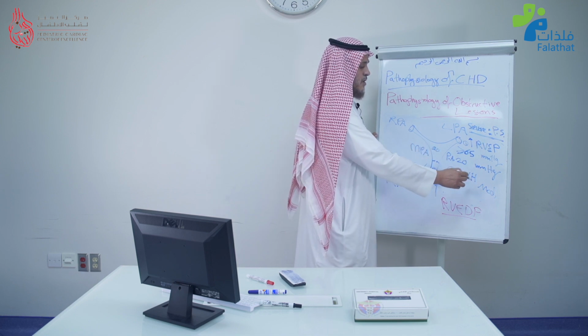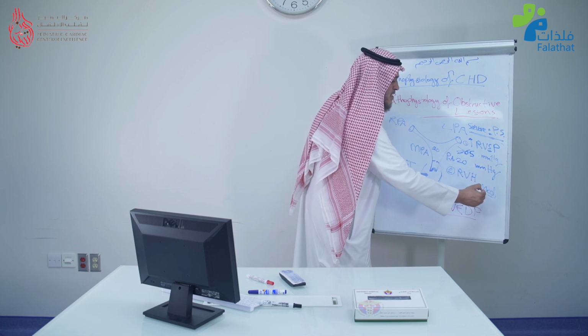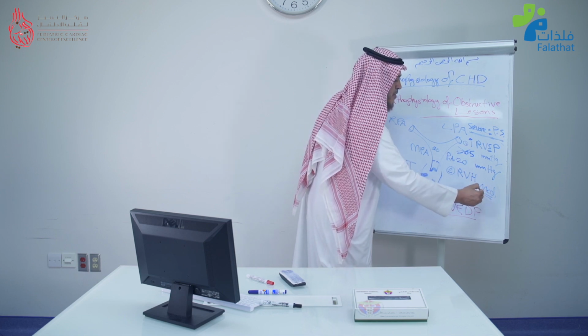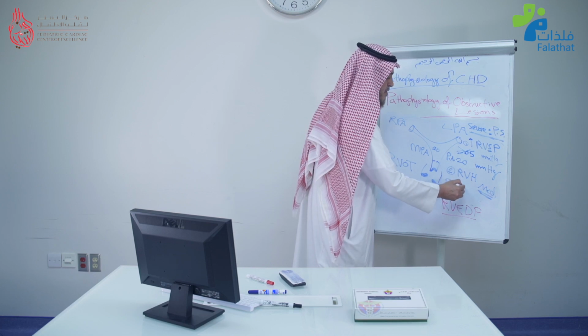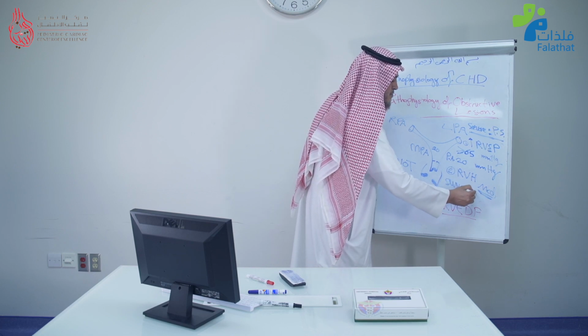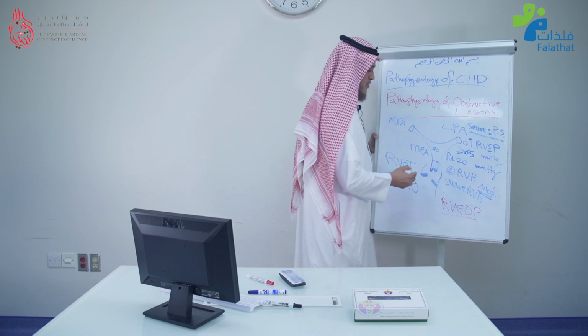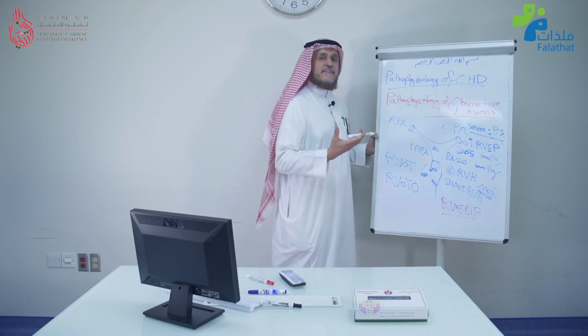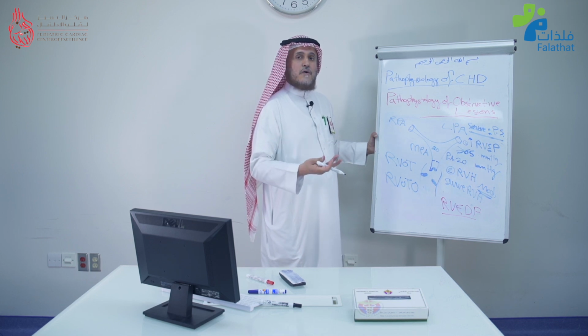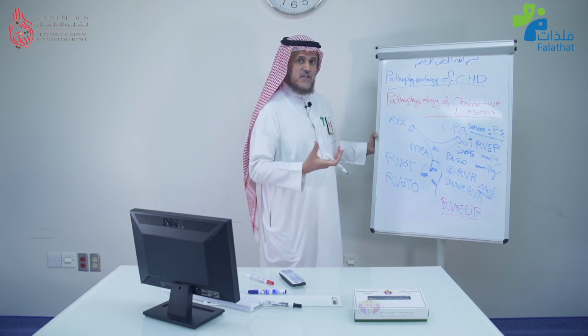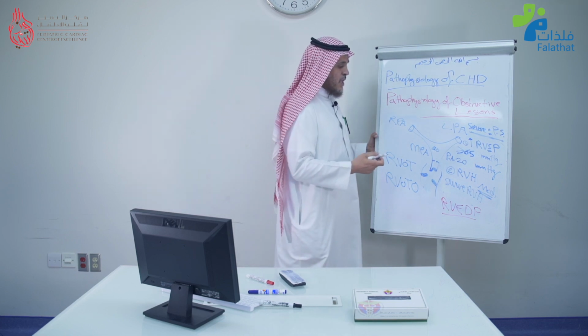There will be at least moderate right ventricular hypertrophy, if not severe RVH. Why? Now this is a severe obstruction. It necessitates a lot of effort on the right ventricle, and that will cause significant right ventricular hypertrophy.